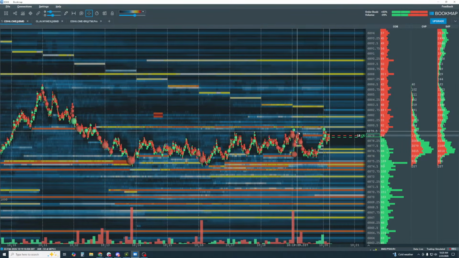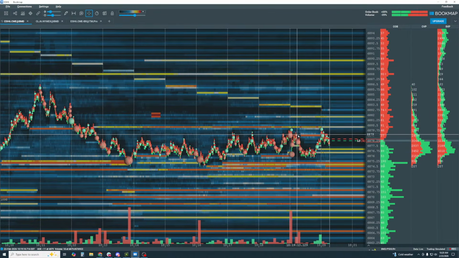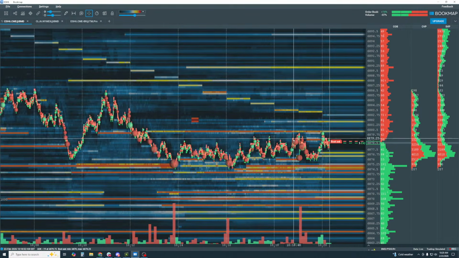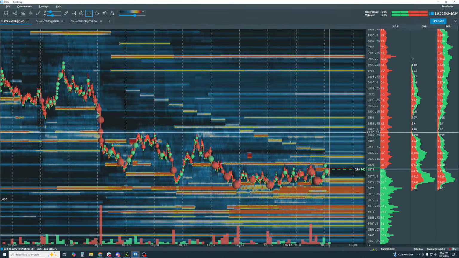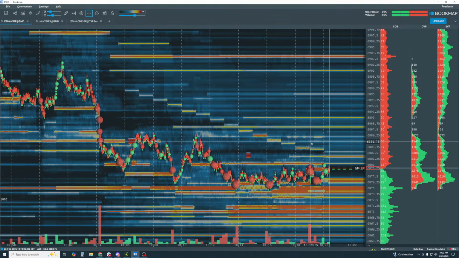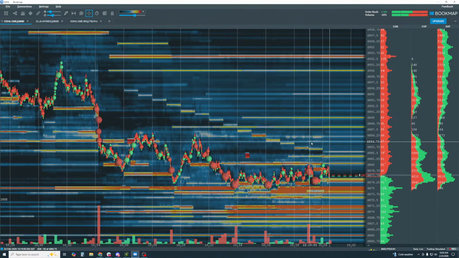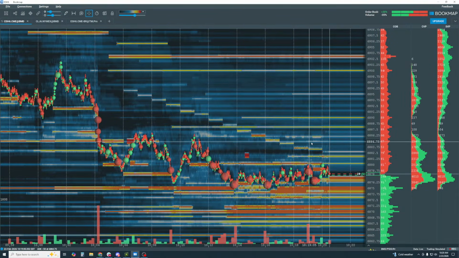If we start to temper our expectations a bit because of the time of day, this will help us be less emotional and also get prepared for the potential move that we are looking for this time of day.